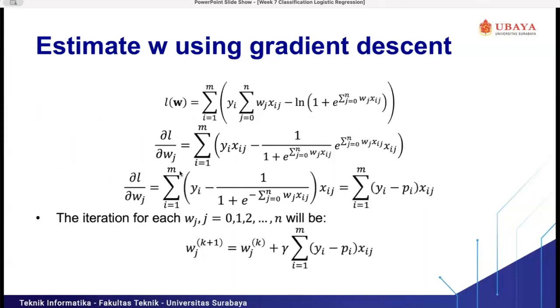Okay, so this is our previous formula, and we find the gradient by using the partial derivative with respect to the weight. Because we have more than one weight value, we use the partial derivative of L based on the W values.